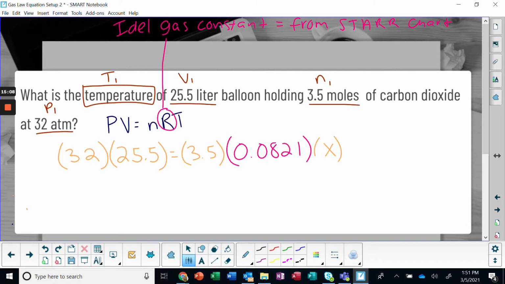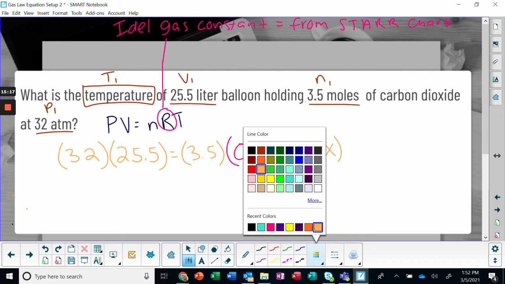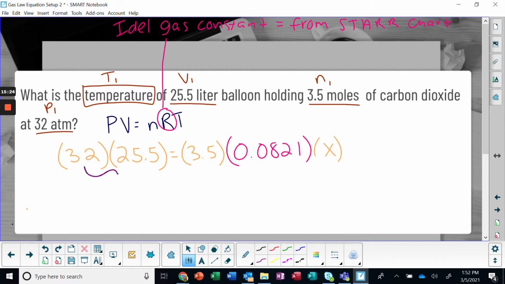Okay? All right. So now we're going to start simplifying the left and the right hand side of this equation, and then we're going to solve for X. We can go ahead and plug that into our equation. 32 times 25.5, and we get 816 equals, we can plug this into our calculator.